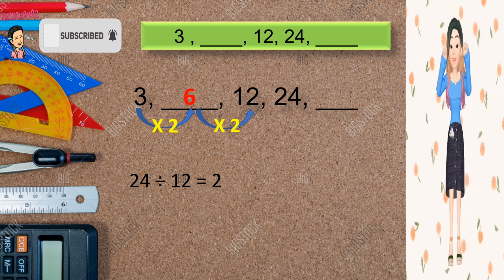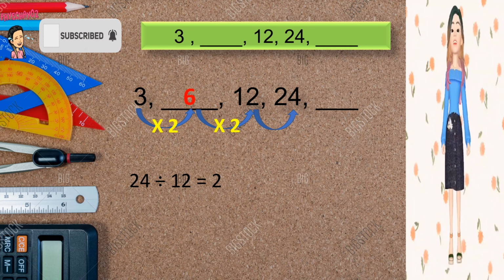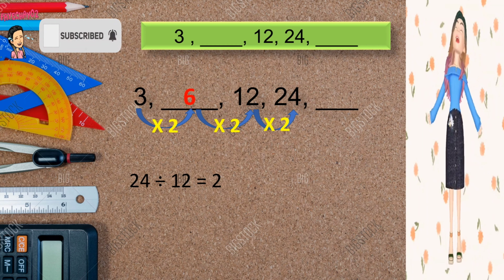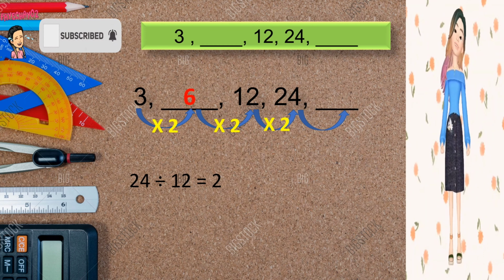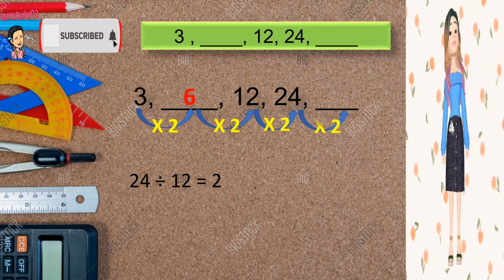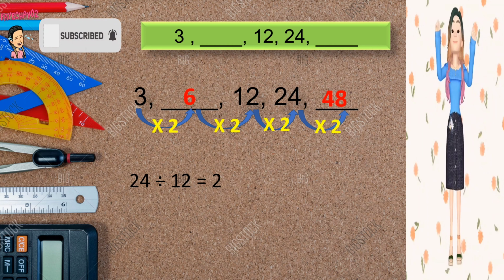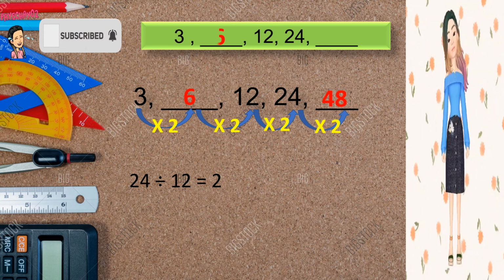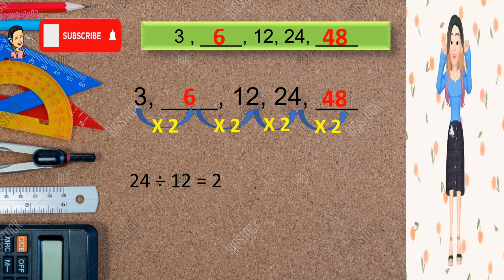So, correct. 12 is the third term. Then, multiply again. 12 times 2 is 24. Then, the fifth term, 24 times 2 is 48. Okay, so the second term is 6 and the fifth term is 48.